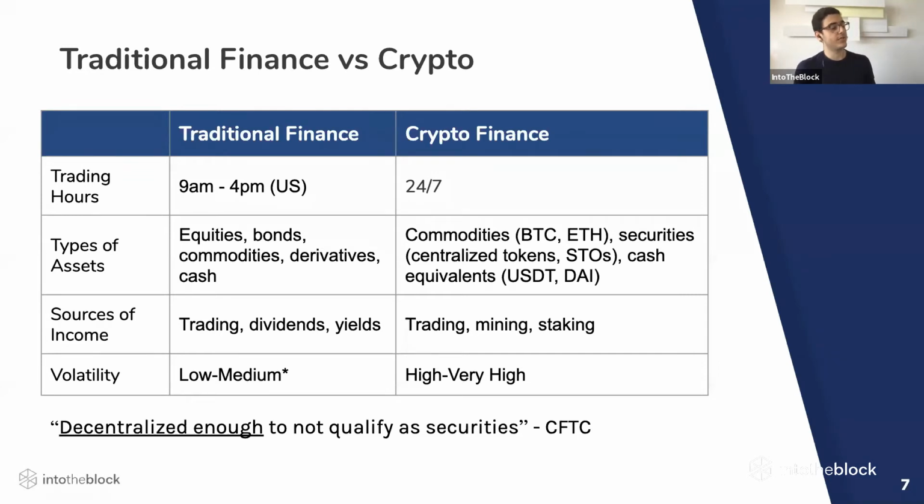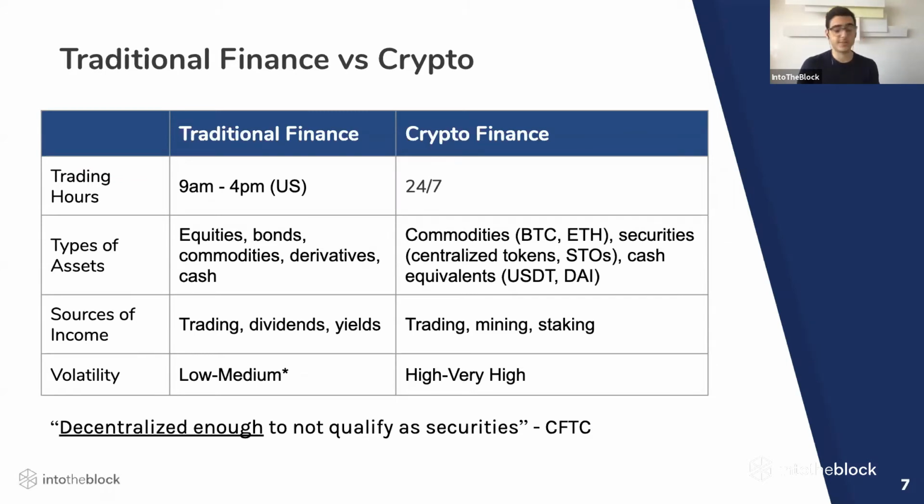Then there's sources of income. In terms of sources of income, there's trading in traditional finance, dividends, and yields. We, of course, in the crypto space have different frameworks for sources of income. Aside from trading, there's mining, if it's a proof of work cryptocurrency such as Bitcoin, and there's staking in the case of a lot of the smart contract platforms and Ethereum 2.0 and many more.